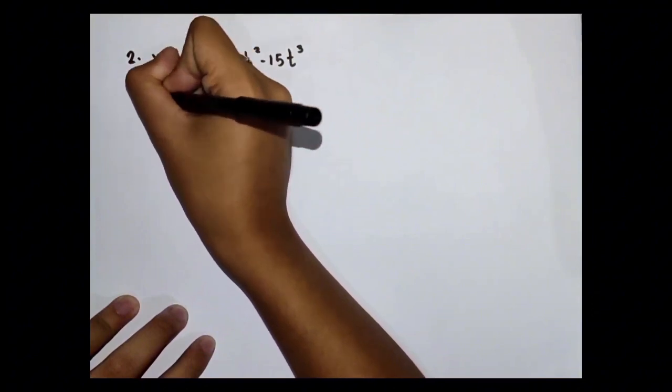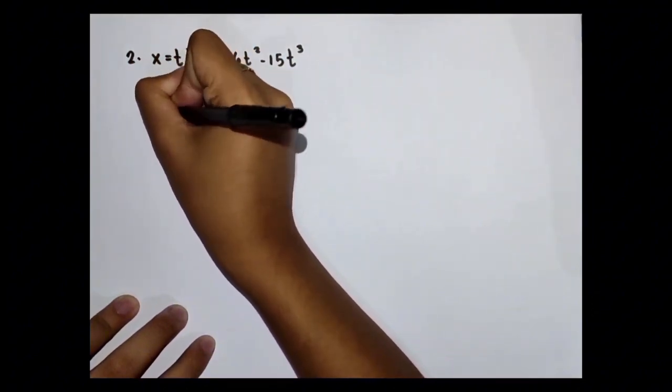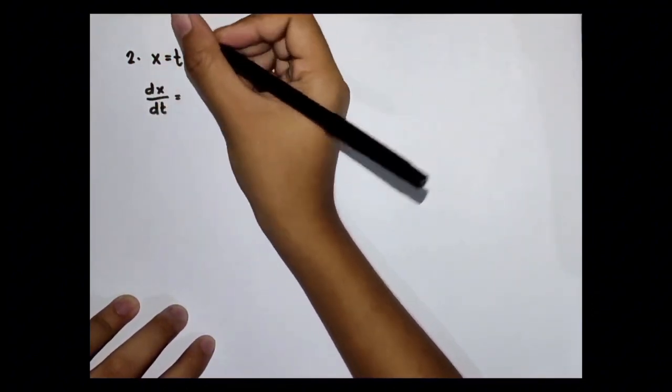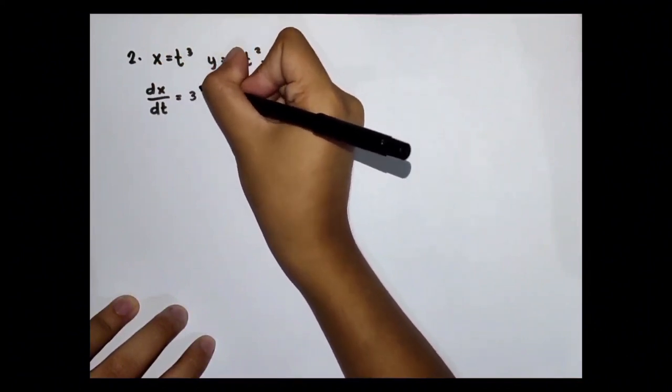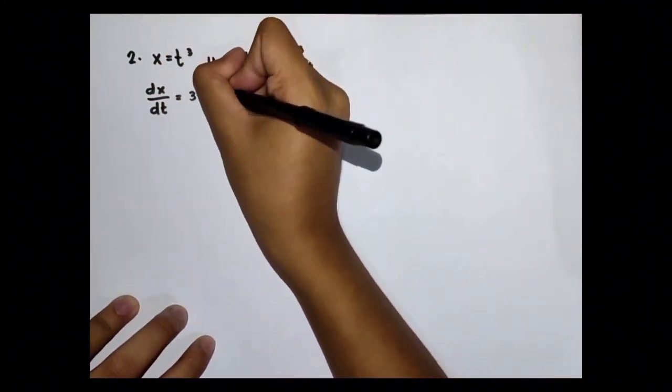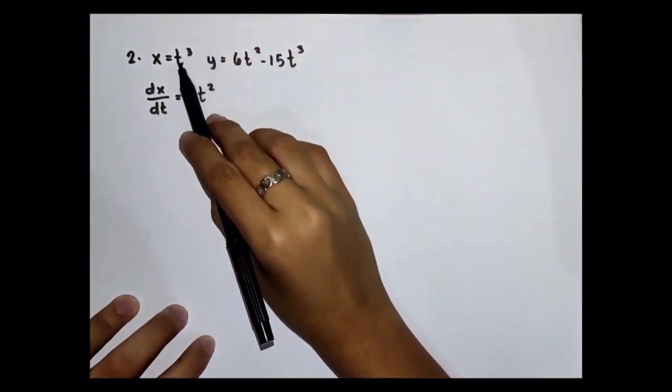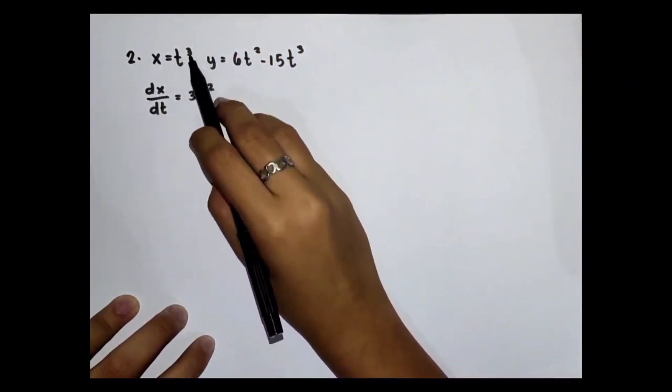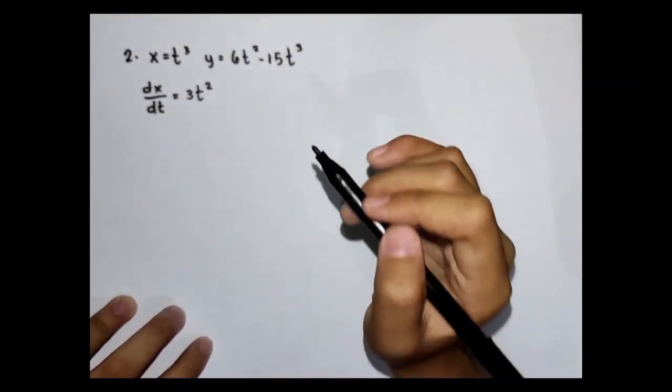First, we're going to find the derivative of x and y. The derivative of x is 3t squared. 3 times 1t equals 3t. Exponent 3 minus 1 equals 2.